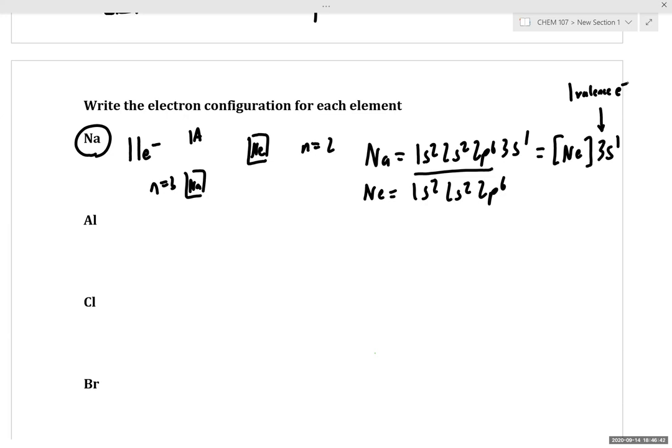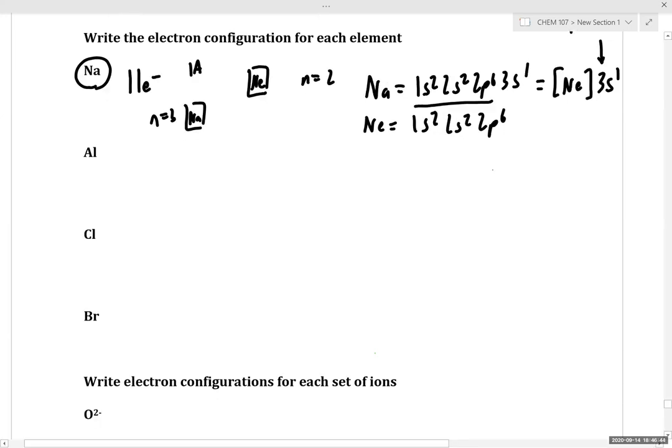So let's take a moment and let's spend about 3 to 4 minutes writing the configuration for aluminum and chlorine. And we'll discuss this example in about 3 minutes.